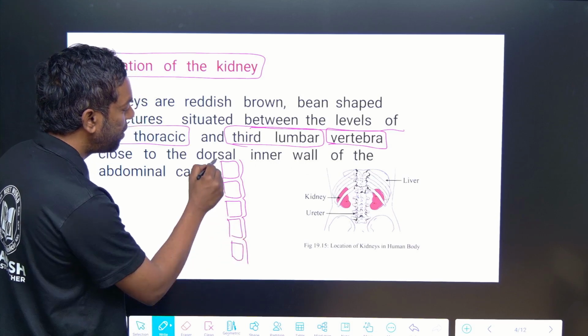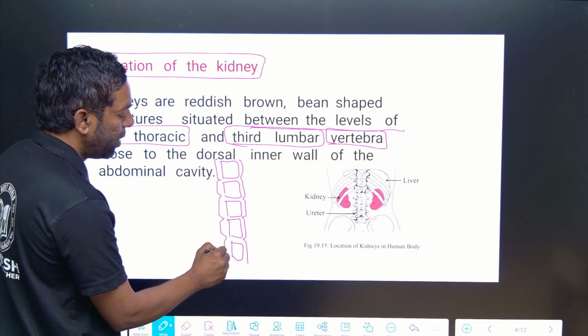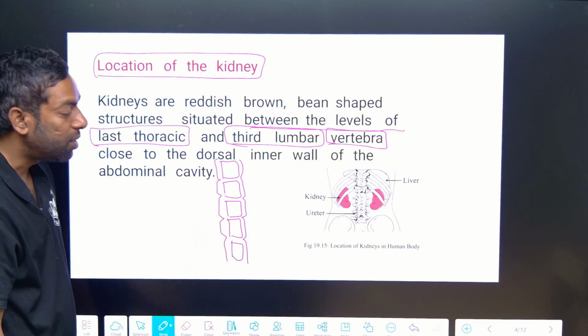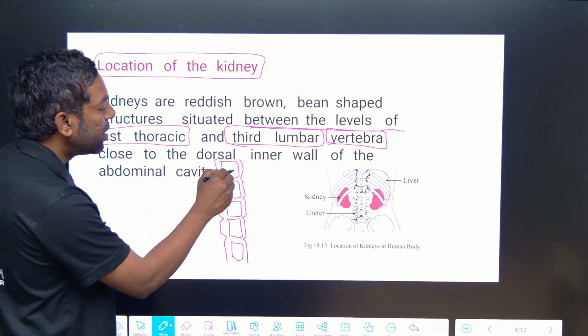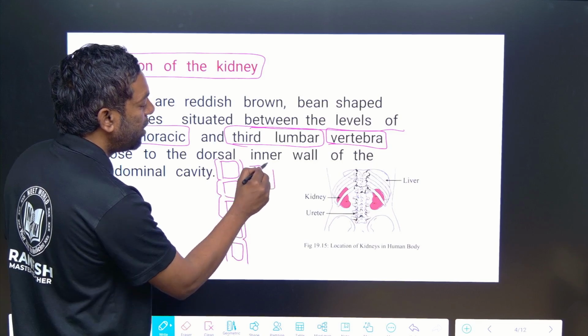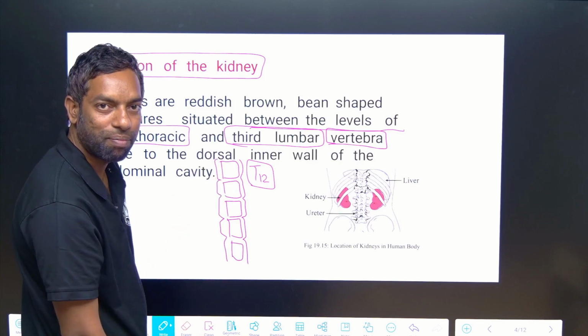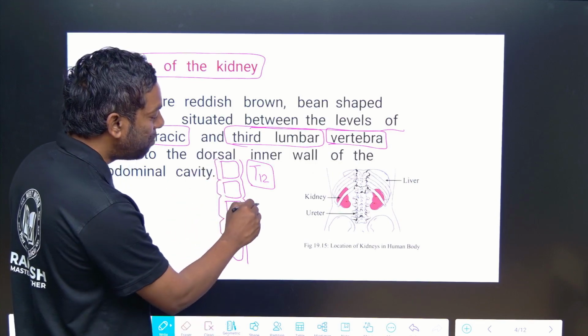There are 12 bones of the thoracic part in the vertebral column, the last being T12, and 5 of the lumbar part.